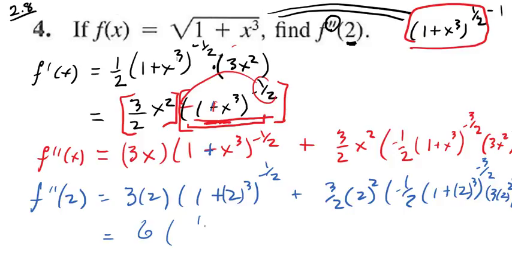So that's actually 1 over root 9. You with me there? So this is 3 times 4 over 2. That's 12 over 2 is 6. Times 9 to the power of negative 3 over 2. So what's that? It's just 1 over 27.